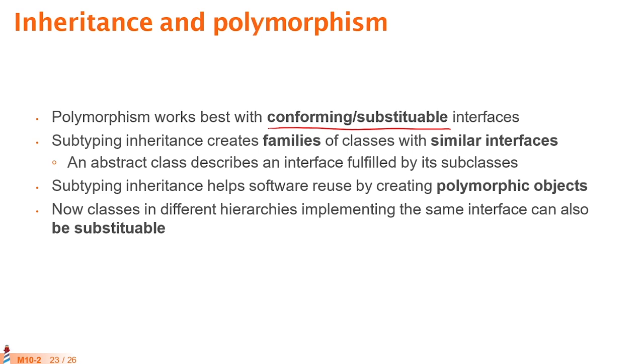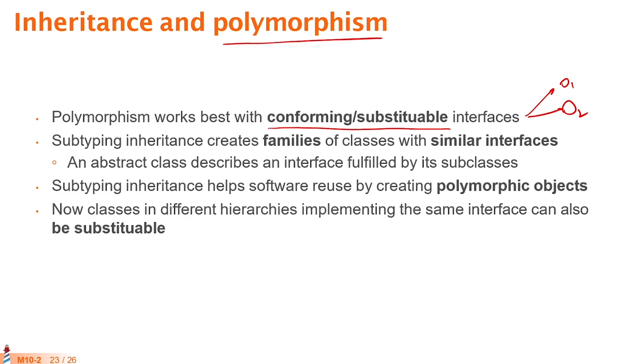In this way, the idea is that we can use one of the implementations or the other without caring which one it is. That basically is the idea behind polymorphism. And the only way that happens is if both objects have the same interface.